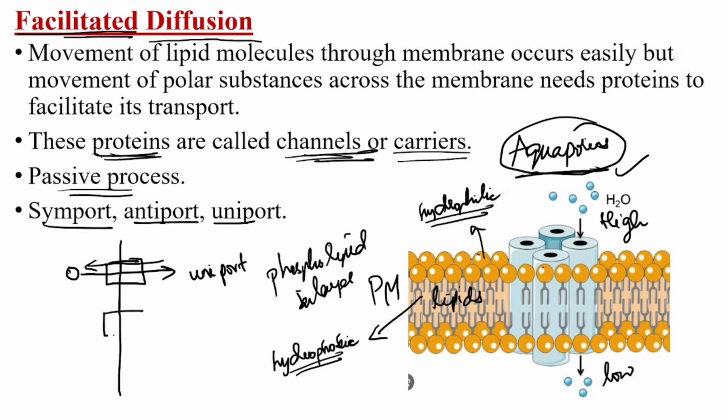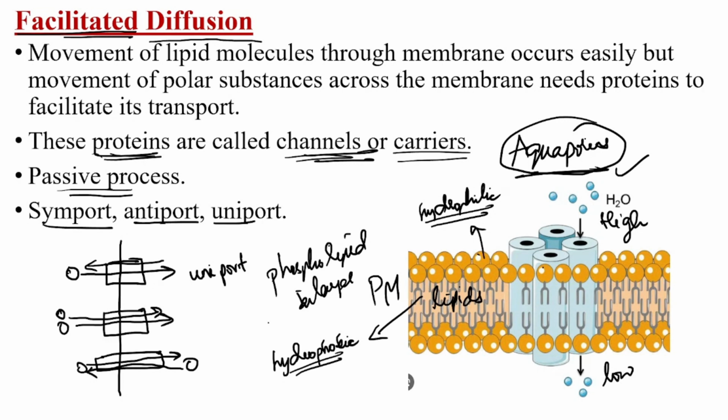When I say symport, that means two solute molecules are moving together simultaneously into the cell. What is antiport? Where one molecule is moving inside and the other molecule is moving outside, that is called antiport.